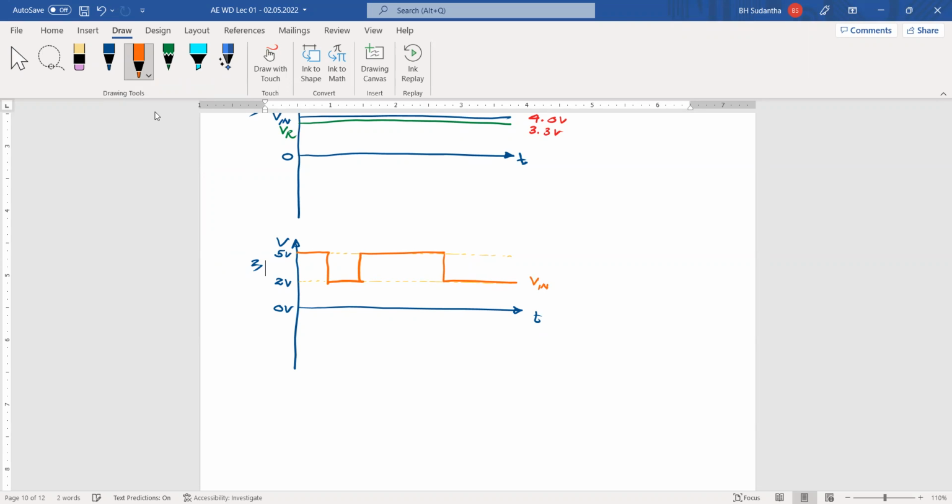Now this is the V in voltage. How can we draw the output voltage? V out. What is V out? What is VR?